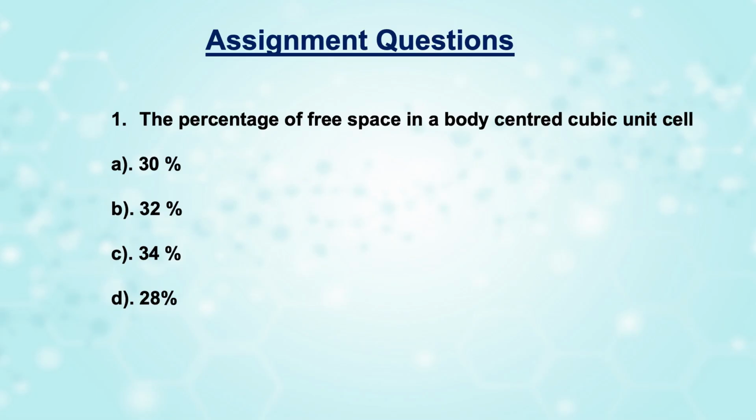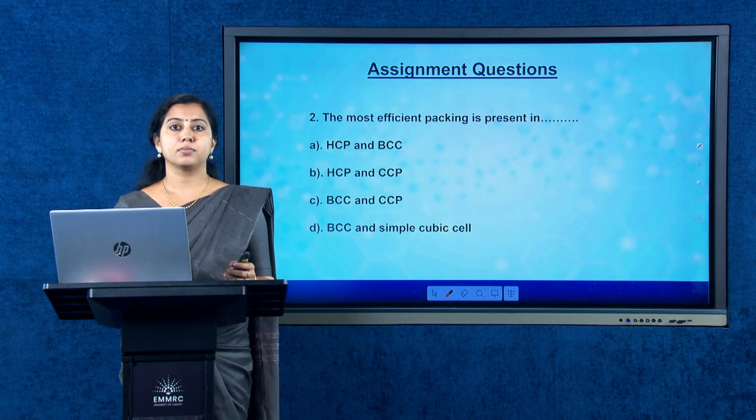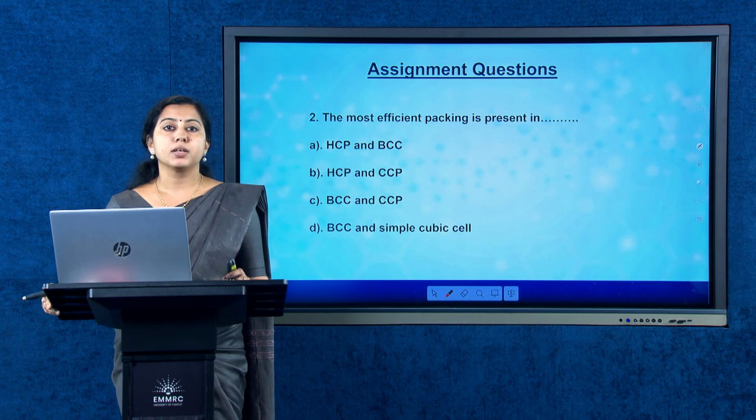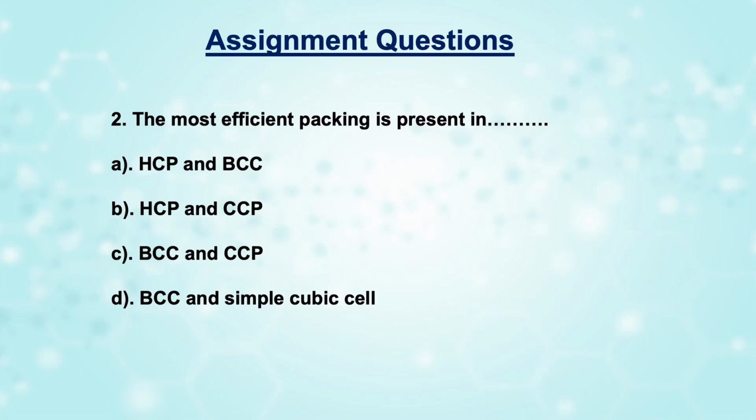First question, the percentage of free space in a body centered cubic unit cell is given by option A 30%, option B 32%, option C 34% and option D 28%. Question number 2, the most efficient packing is present in option A HCP and BCC.